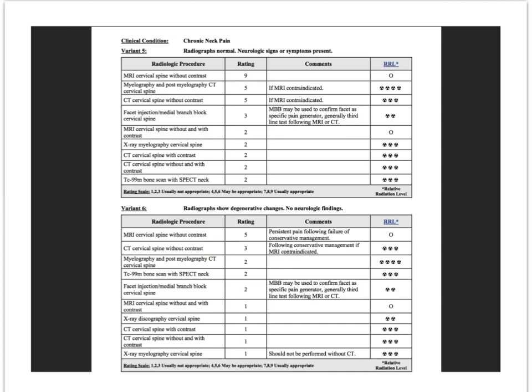Variants later in the clinical topic narrative guide us in the care of patients who already have had the appropriate initial radiographs and return for further management based on those radiographic findings and the patient's clinical context.